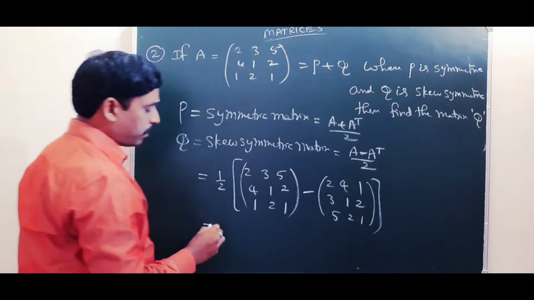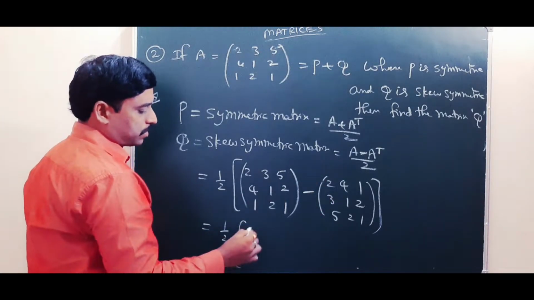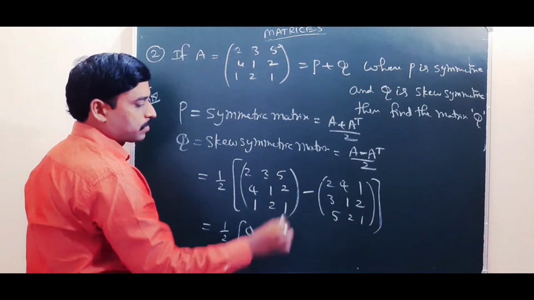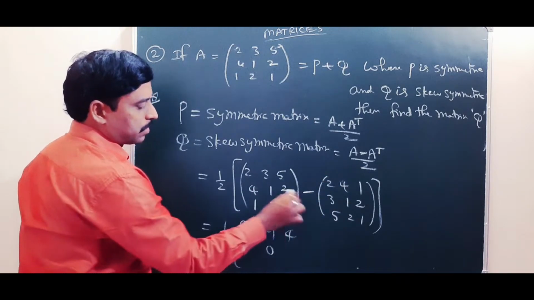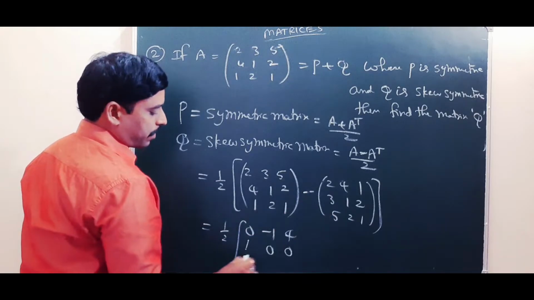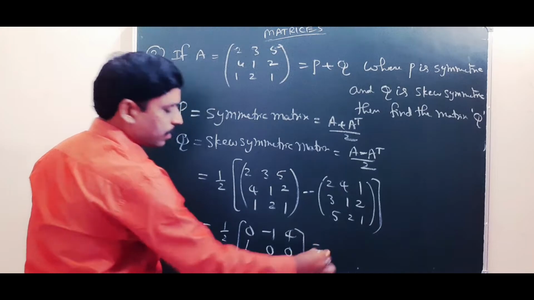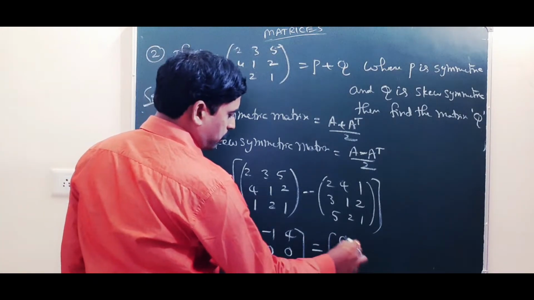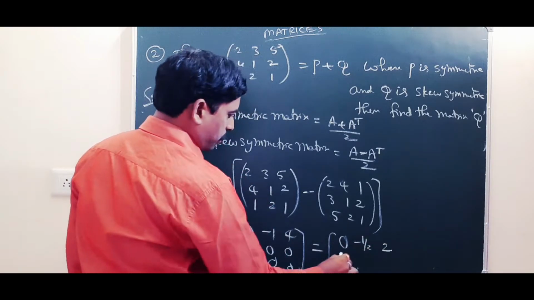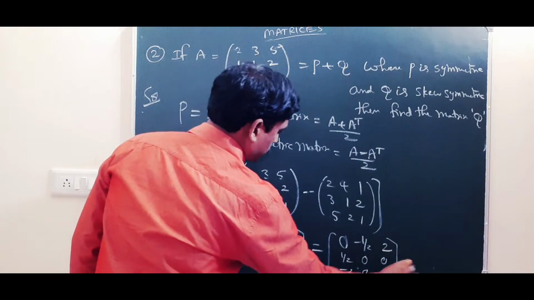It will be 1 by 2 times the subtraction of these two matrices: 2 minus 2, 0, 3 minus 4, minus 1, 5 minus 1, 4, 1, 0, 0, minus 4, 0, 0. Then 1 by 2 multiplied to every element of this matrix: 0, minus 1 by 2, 2, 1 by 2, 0, 0, minus 2, 0, 0. This is the skew symmetric matrix.